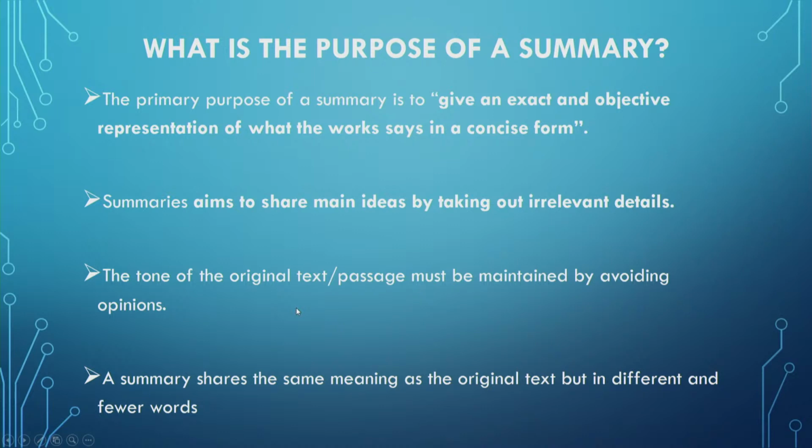Then lastly, a summary shares the same meaning as the original text, but in different and fewer words. So if you summarize a text, you shouldn't change its meaning. The meaning should stay the same as the original text, but you can write it differently, reducing your words. So you should stick to the same meaning.